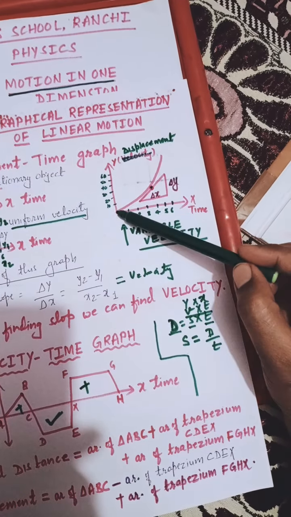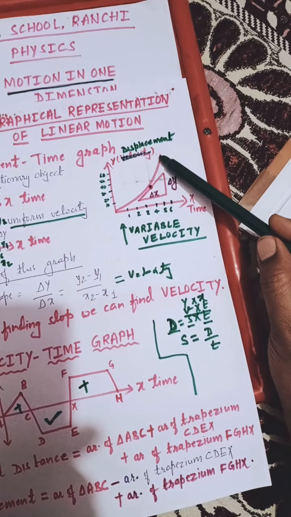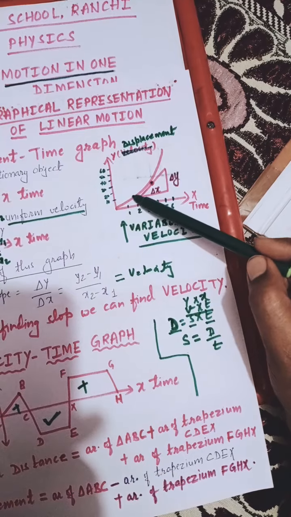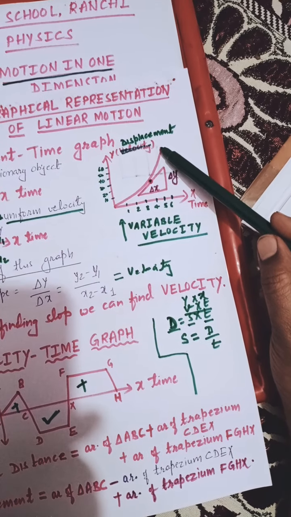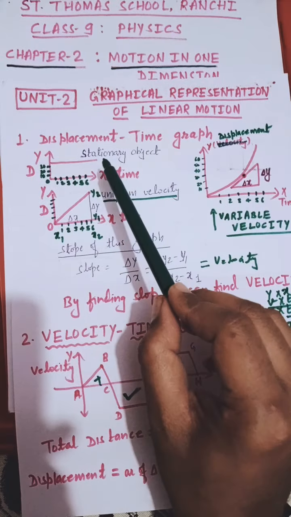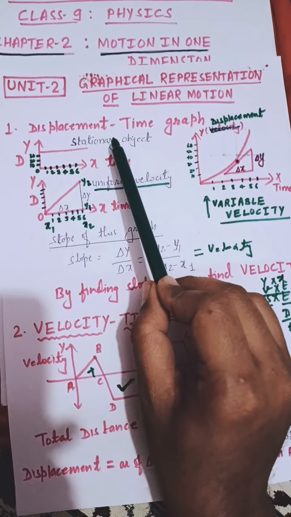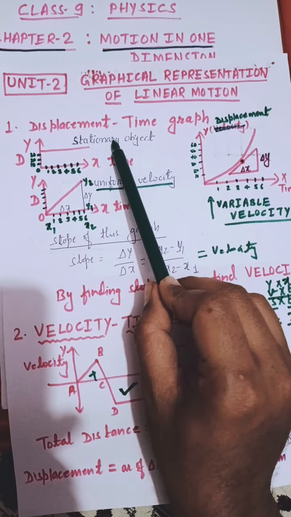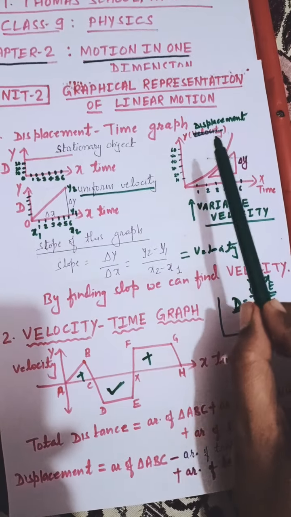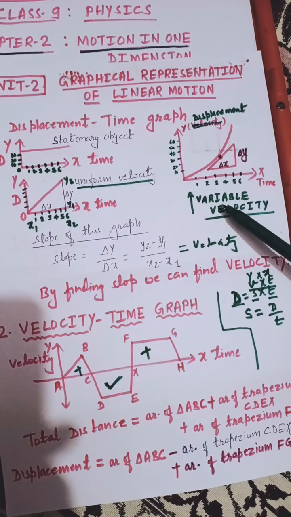This curved line shows that this is an object doing motion with variable velocity. So these are the three different kinds of displacement time graph you have seen. One is for a stationary object, when the object is at rest. One is for uniform motion, and the third one is for variable velocity.